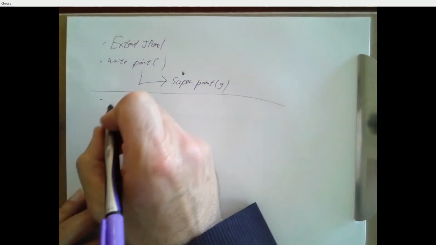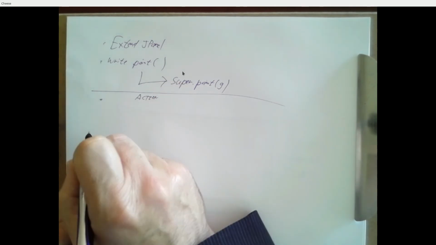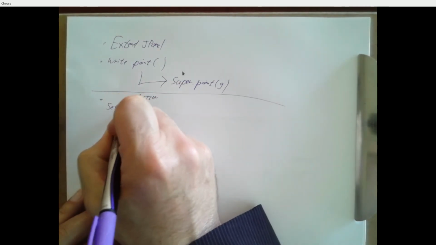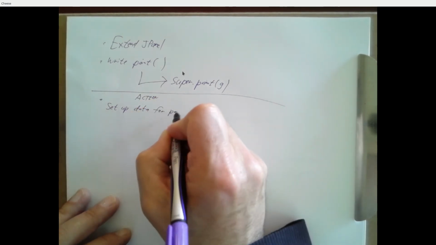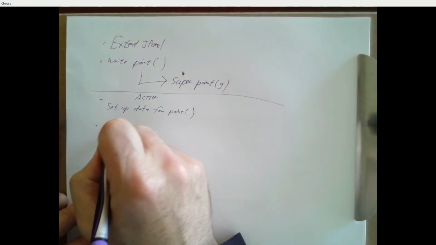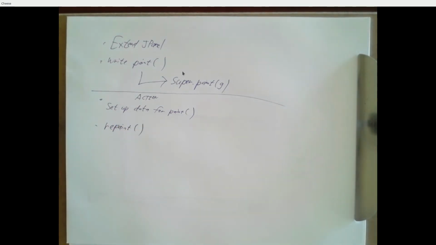And then when some action occurs, set up data for paint. Save your XY position or whatever makes sense, and then call repaint. That's the shorter version of everything we just did.